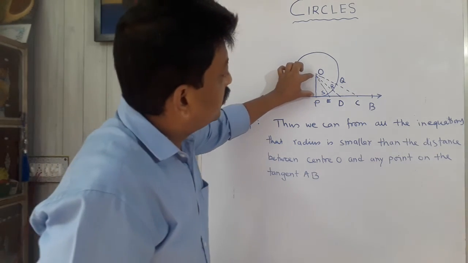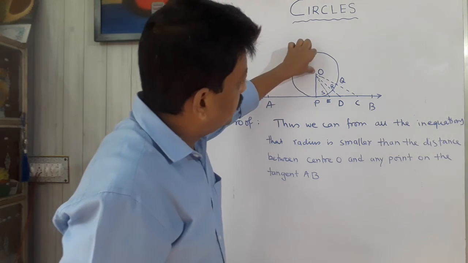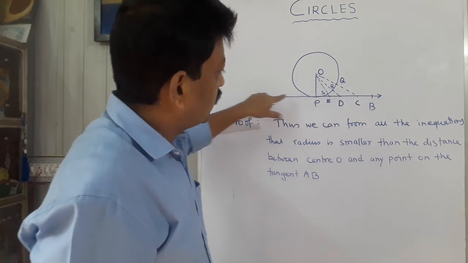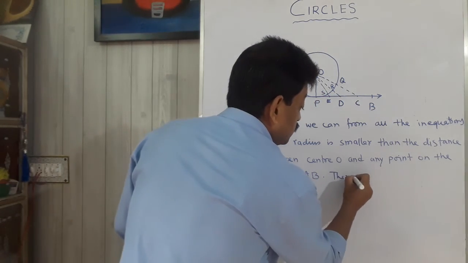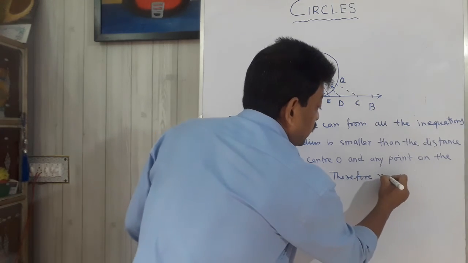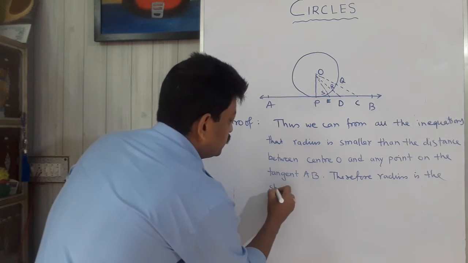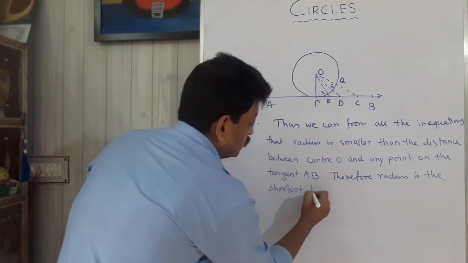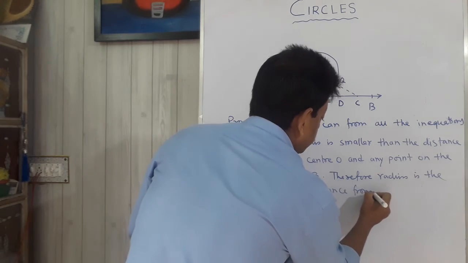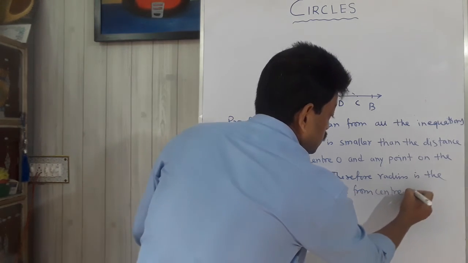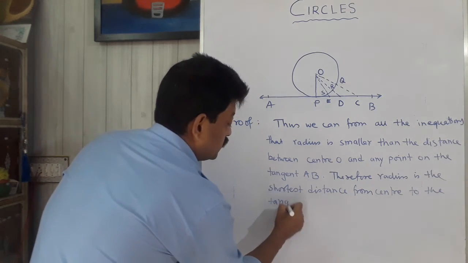The radius is smaller than the distance between the center and any point on the tangent AB. Therefore radius is the shortest distance from center to the tangent AB.